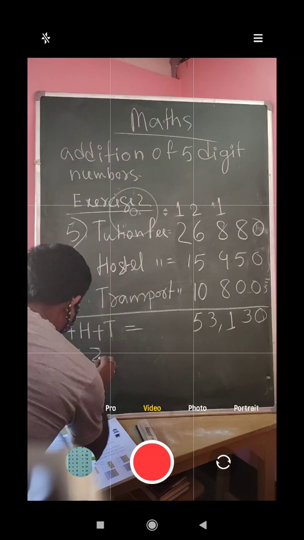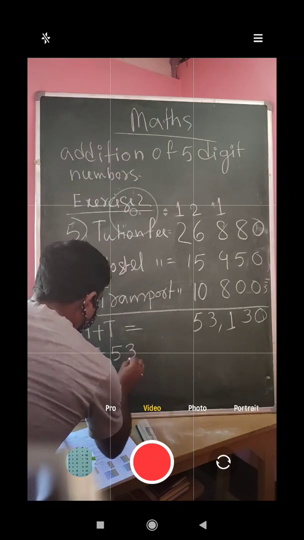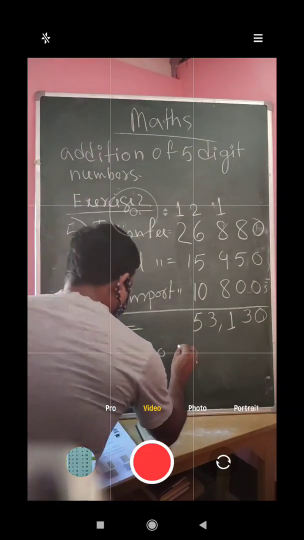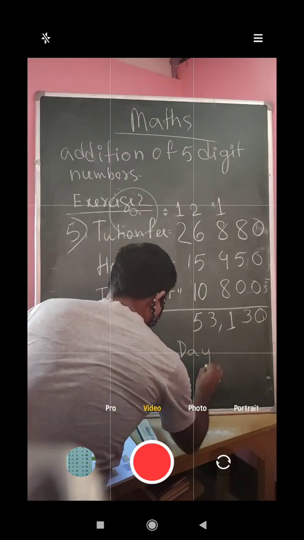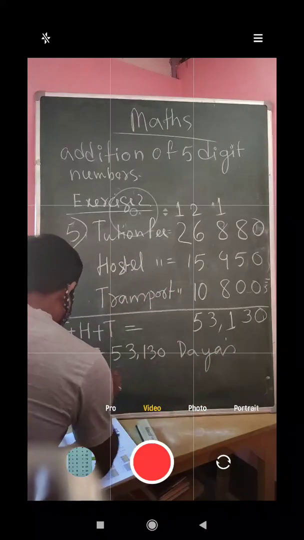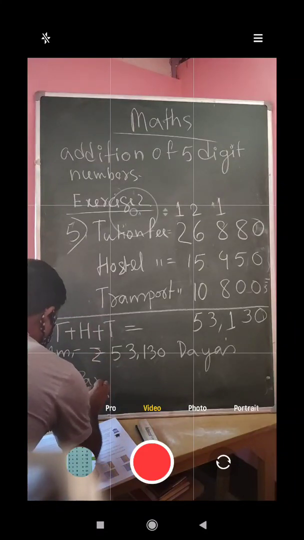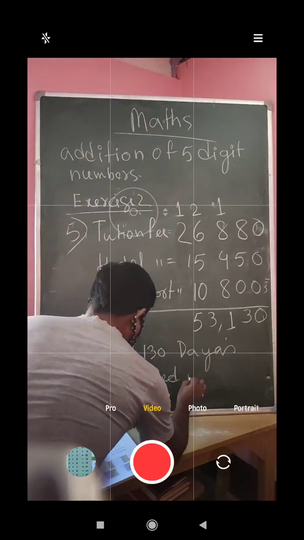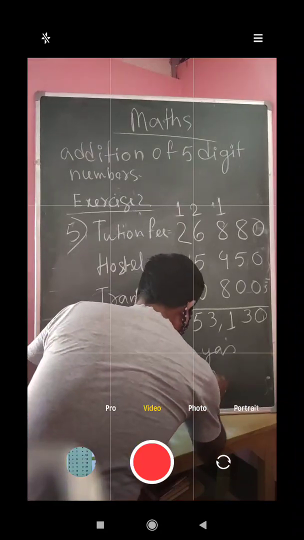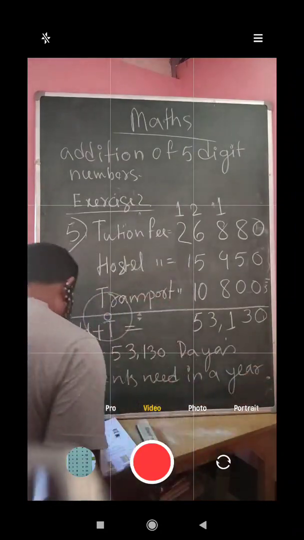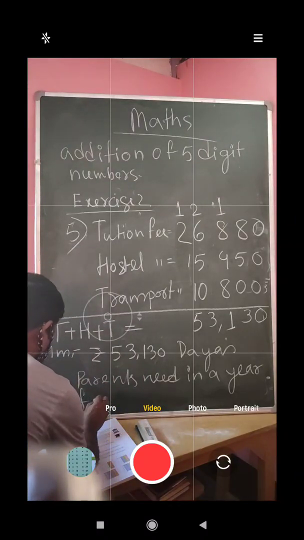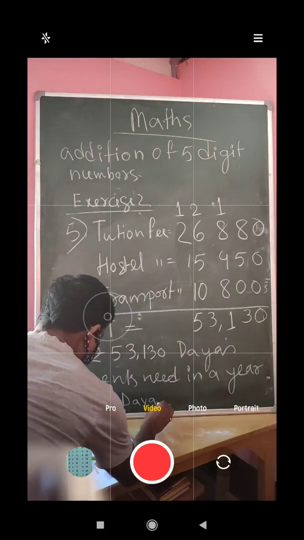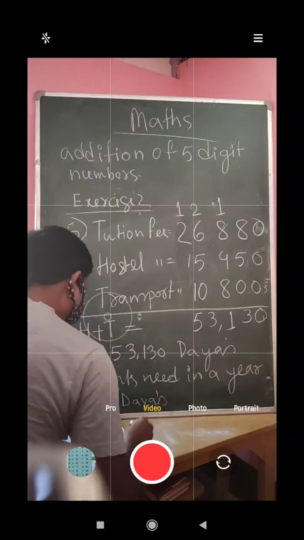You can write like this also: rupees 53,130 Daya's parents need in a year for their college education.